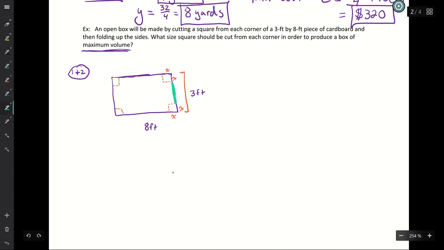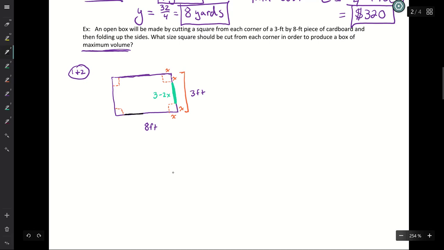So that would make this new distance on the inside 3 foot minus 2x. All right, then if I look at the same type of situation, but off, let's say over here, I'm going to do this one in black so you can see it.